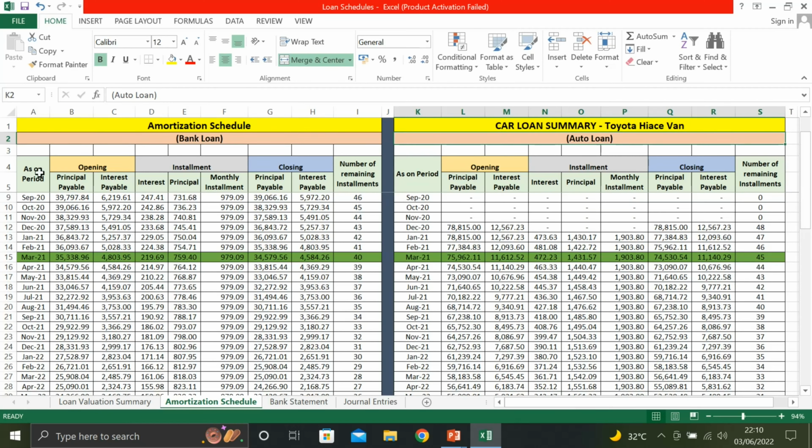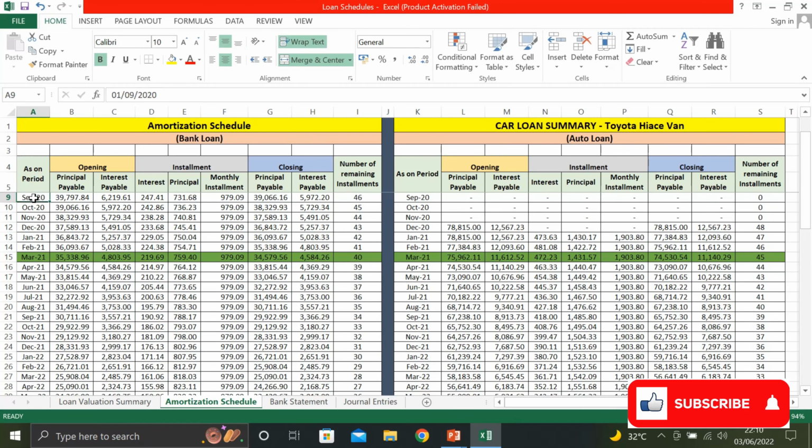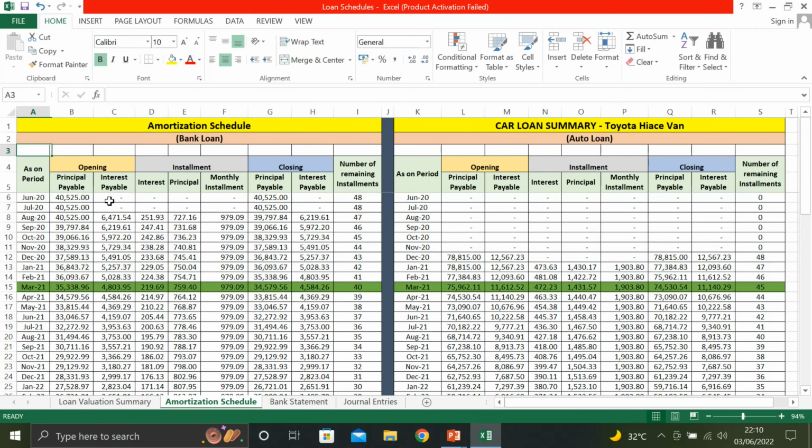This amortization schedule gives us the information month wise, in which month we get this loan. In June we get this loan amount, the first installment we are going to pay in August, the total number of installments, and how much for each installment.